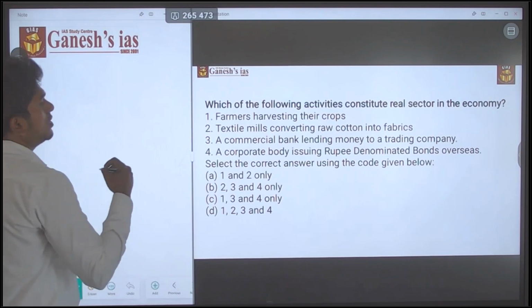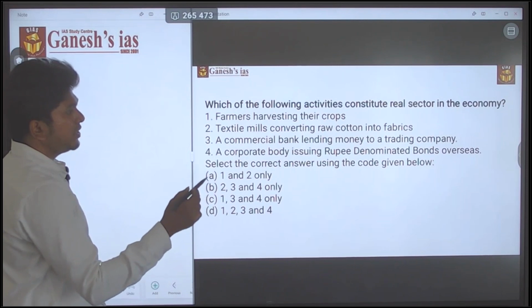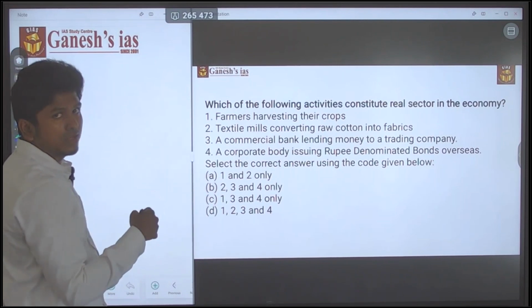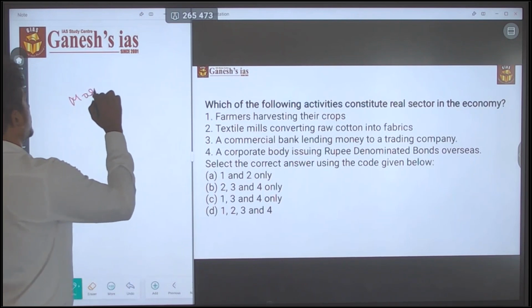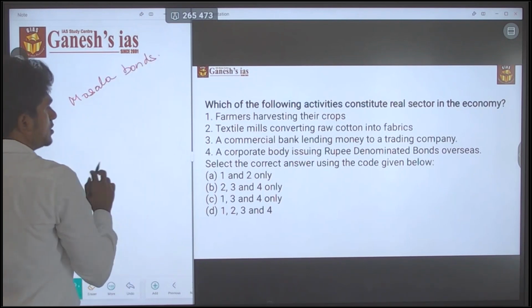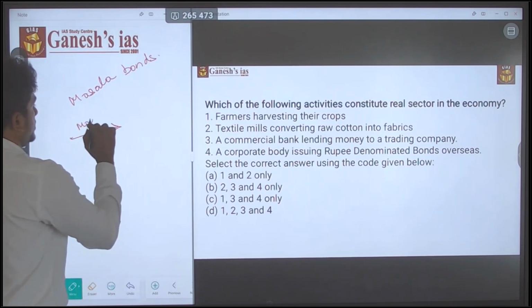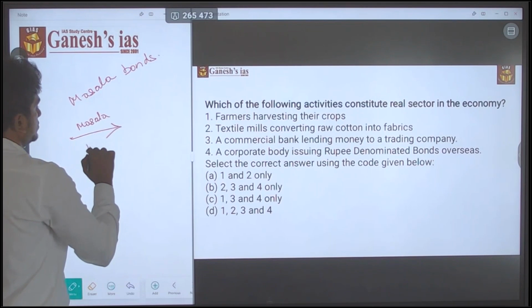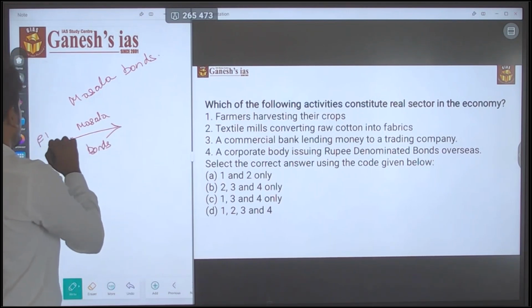And the fourth statement, corporate body issuing rupee denominated bonds overseas. A rupee denominated bond is nothing but a masala bond. They are speaking about the masala bond. With that masala bond they get the investment. They are getting it from a foreign source.